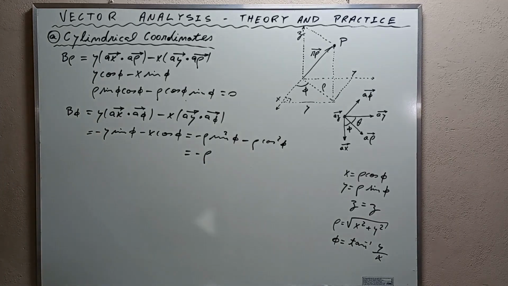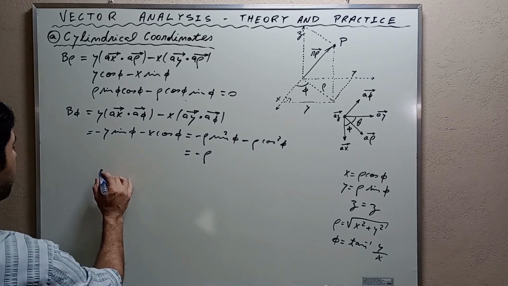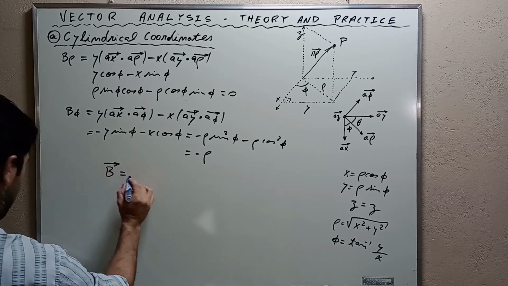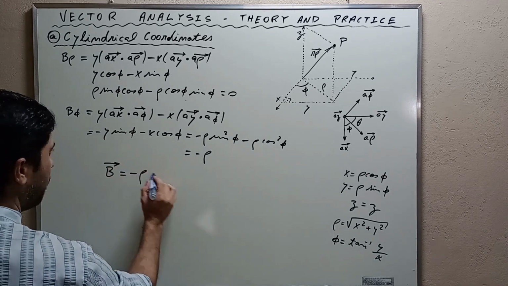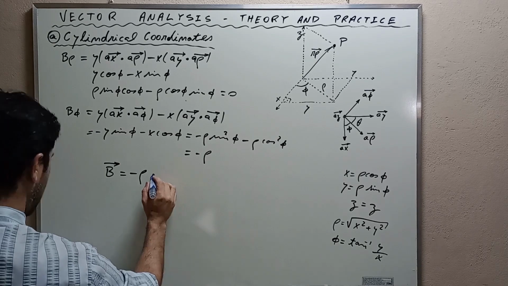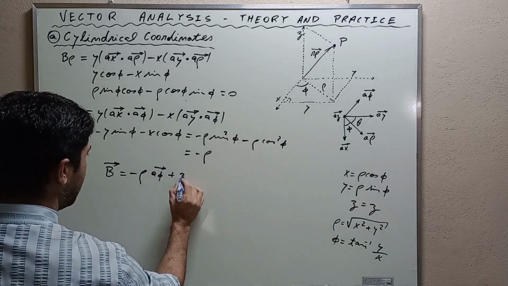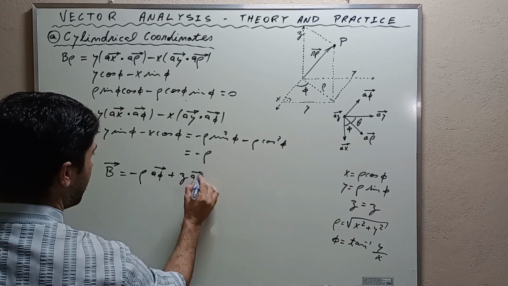Okay? And thus, finishing, we express b in cylindrical coordinates as b is equal to negative rho in the a phi direction plus z in the a z direction.